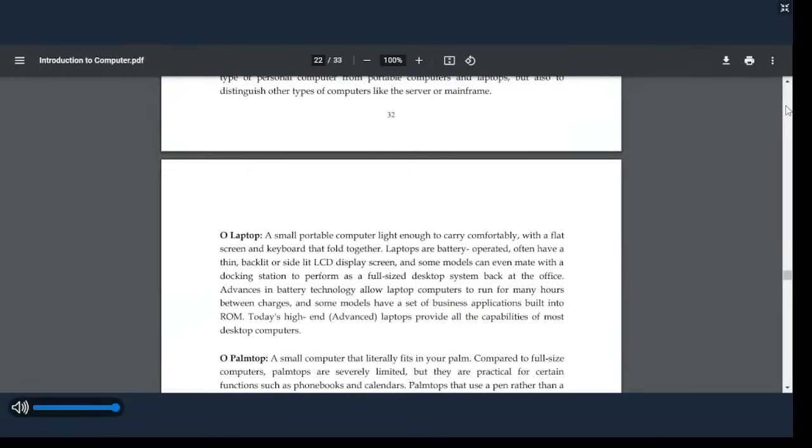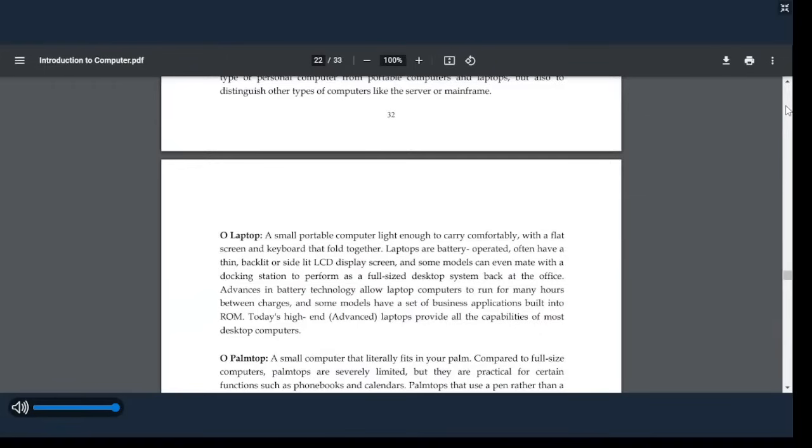Advances in battery technology allow laptop computers to run for many hours between charges, and some models have a set of business applications built into ROM. Today's high-end advanced laptops provide all the capabilities of most desktop computers.